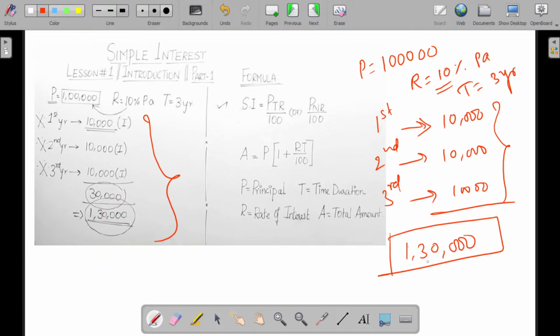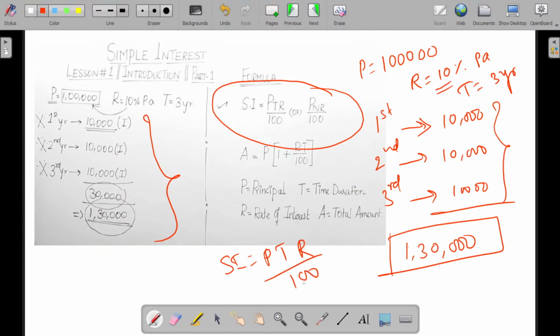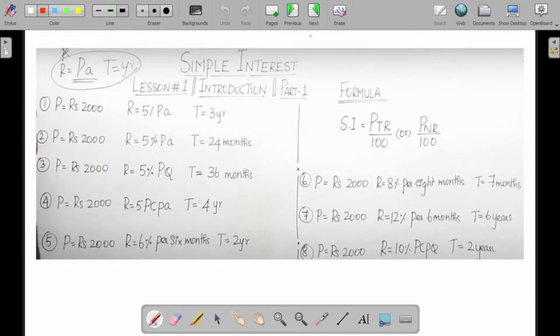Now you can do the calculation with a formula. Simple interest is principal, time, rate of interest divided by 100, that is PTR by 100.